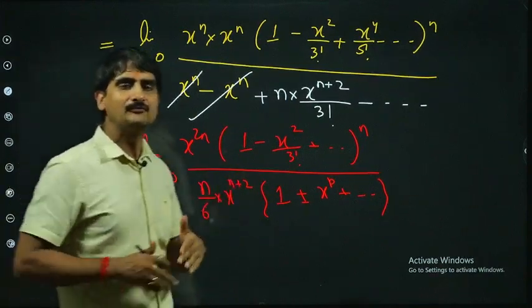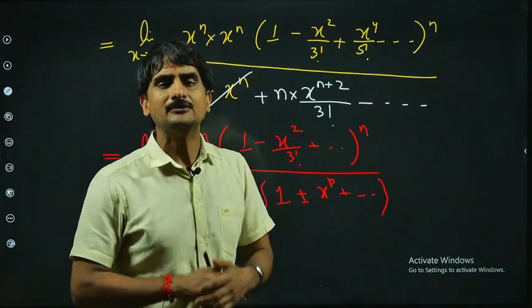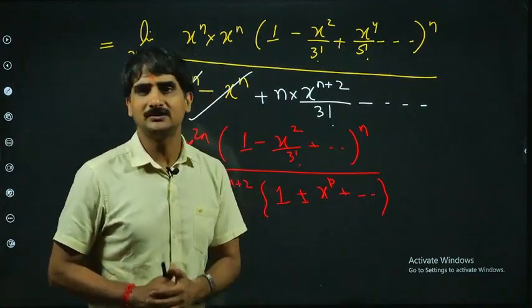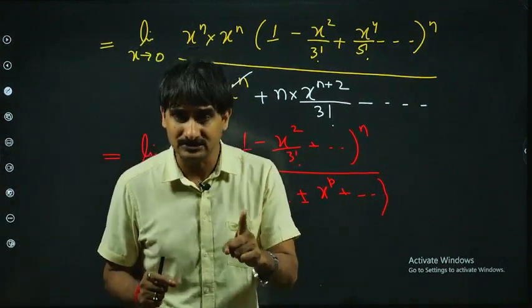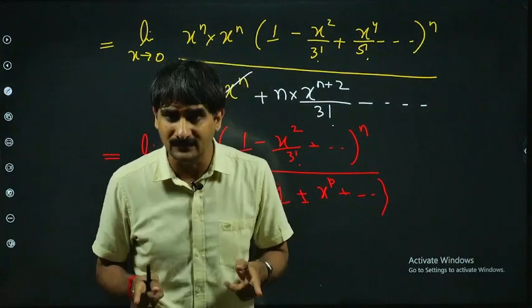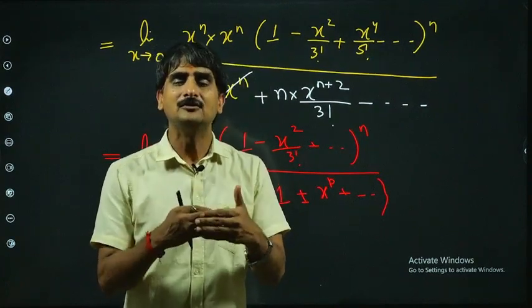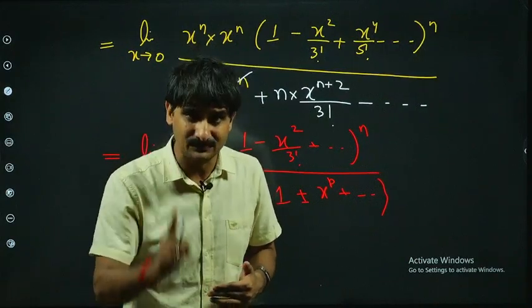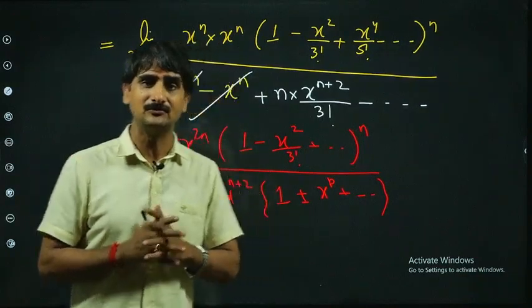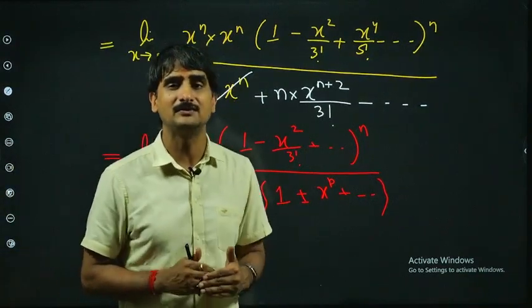Now when you have 0 by 0 form, with polynomial terms in both numerator and denominator, the limit will give you a non-zero finite value only when the degrees of the lowest degree terms in both numerator and denominator match. I am repeating, only when the degree of the lowest degree term in both numerator and denominator match.